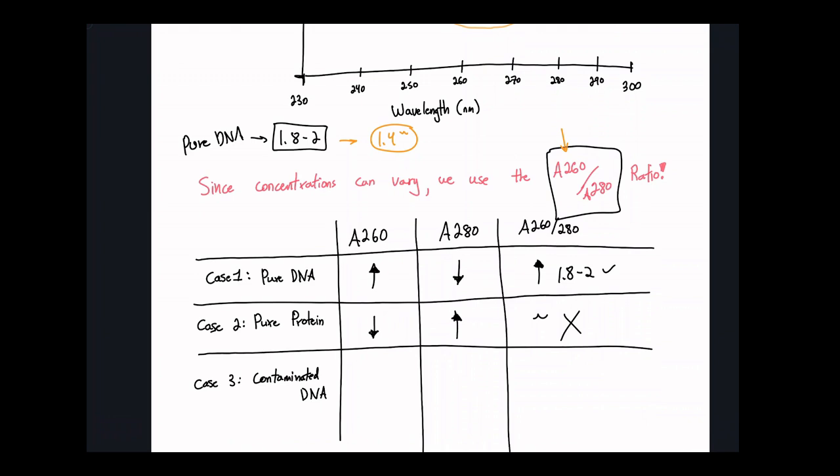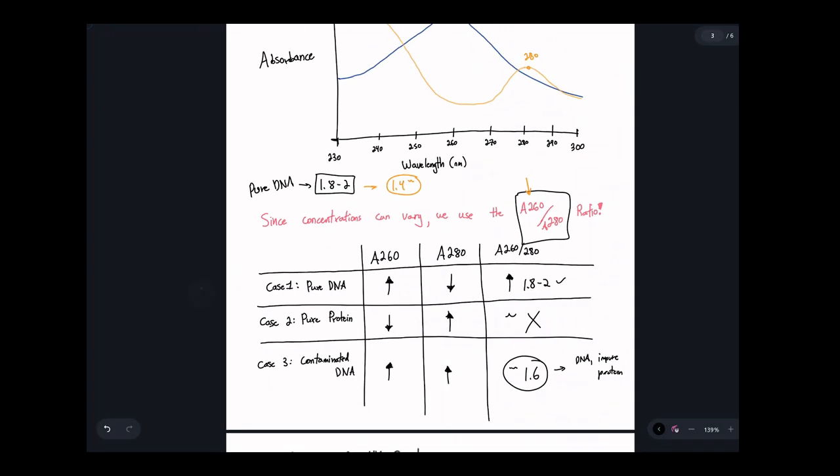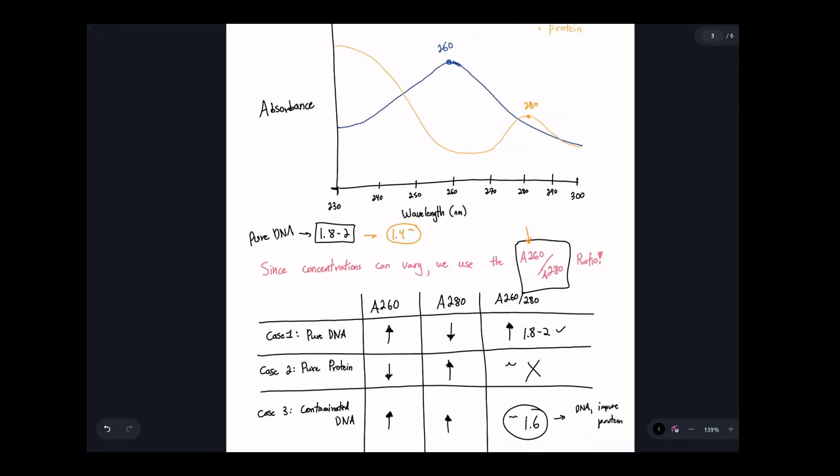You're going to have a high A260 because there's DNA present, but you'll also have a high A280 because there's protein present. And again, you'll see a value, maybe 1.6, for example. Taking the 260 over the 280, that tells you that you probably have DNA there, but it's impure. There are other things like protein that are contaminating your DNA. So again, we're using absorbance at these different wavelengths as a way to not just get the concentration of your DNA, but also get an idea of its purity.